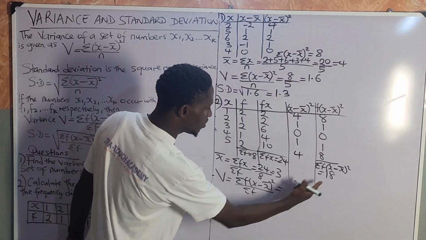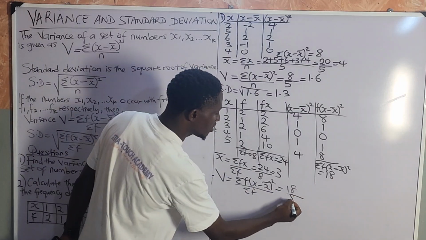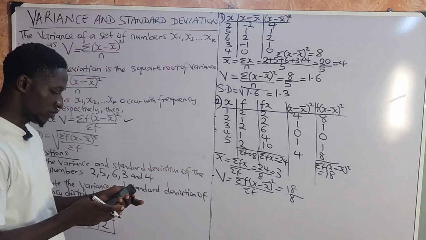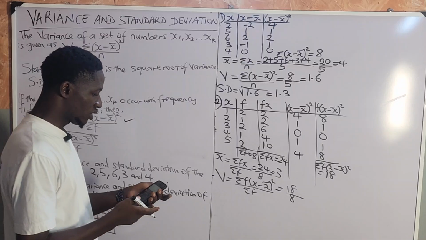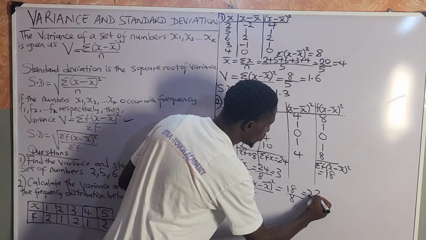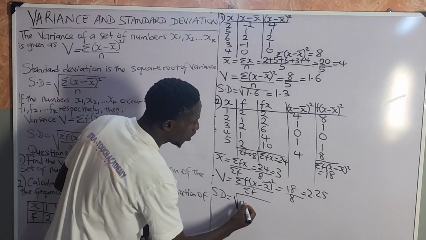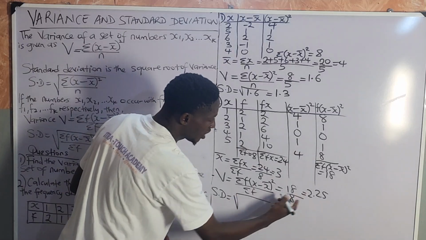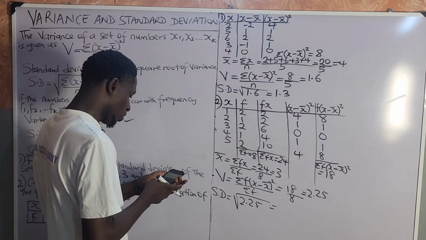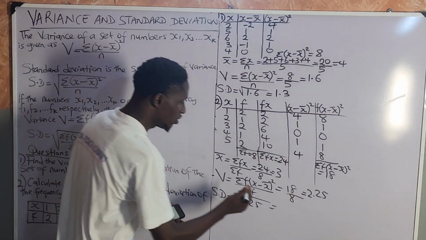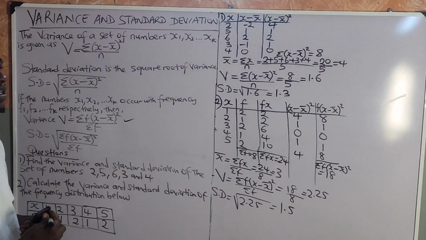The summation of this we got as 18, over the summation of f, which we got as 8. 18 divided by 8 should give us 2.25. The standard deviation is the square root of whatever you get as the variance, which is 2.25. The square root of 2.25 gives us 1.5, and that is the final answer.